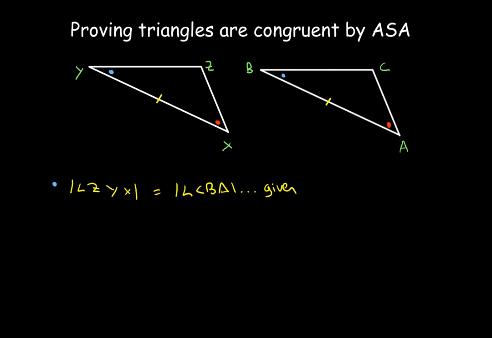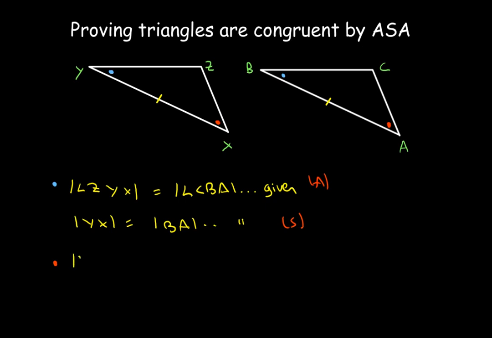It's shown. We know the sides are the same. YX is equal to the corresponding side BA. Again, it's given. It's my side. And finally, the last angle, the red angle, are the same as well.